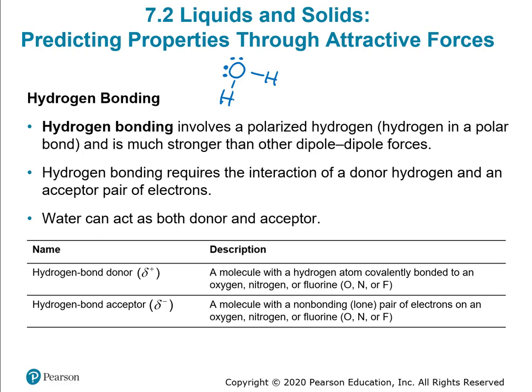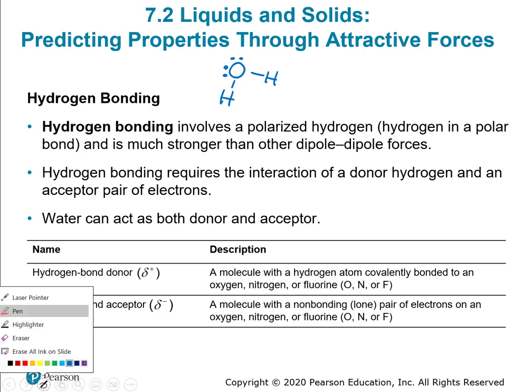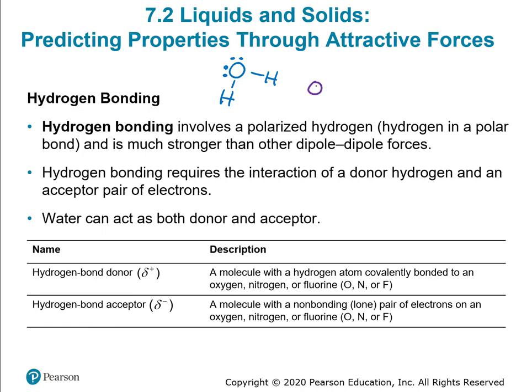But when another water molecule comes along, the oxygen of this second water molecule wants to slide up close to the hydrogen of the other one, and it creates this attraction. They use this little dash, dash, dash to connect the two. This is even stronger than just being polar.